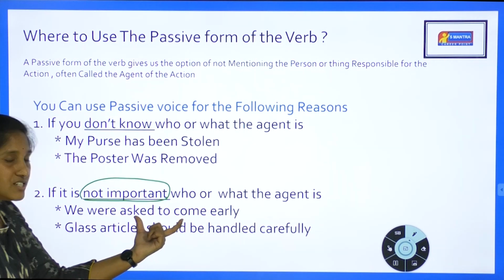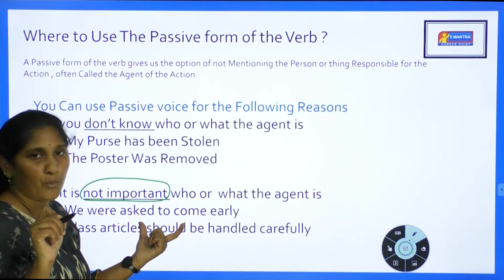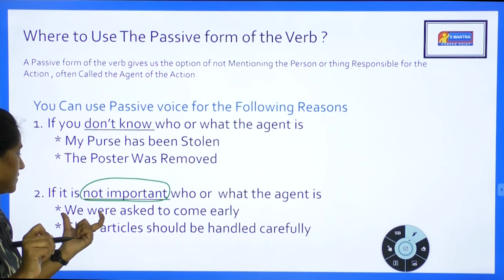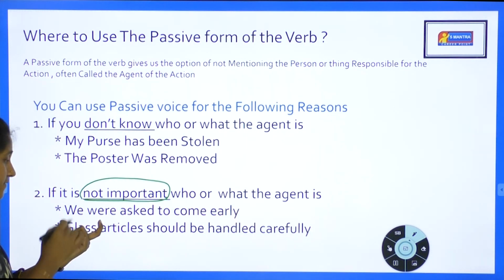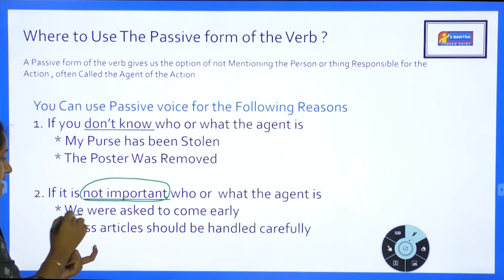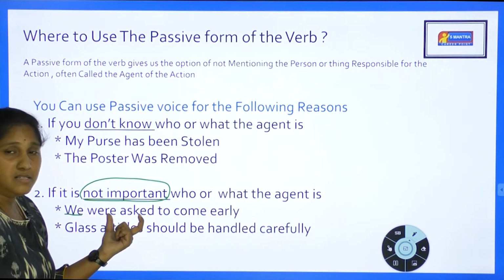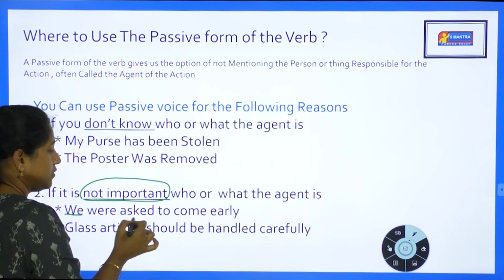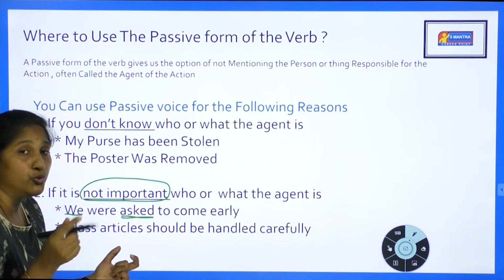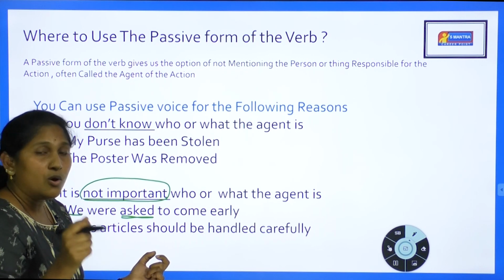Here also the action is important, the message is important. The receiver, we are the receiver. So the receiver is important. But who asked this? Who asked this? The doer of the action.